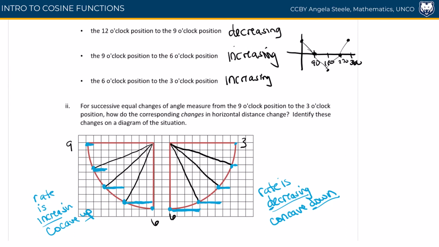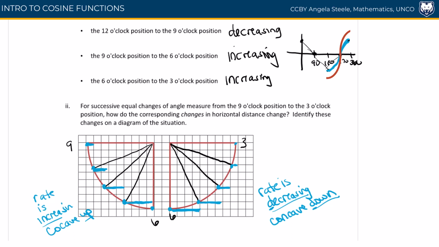So from this point to this point, we know that the graph is going to be concave up. And then from the 6 o'clock to the 3 o'clock position, so that means going from 270 degrees to 360 degrees, it's going to be concave down. So it's not linear between those 2 points. We're going to have this nice concave down feel to it.